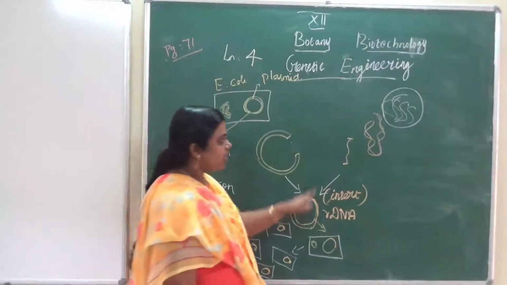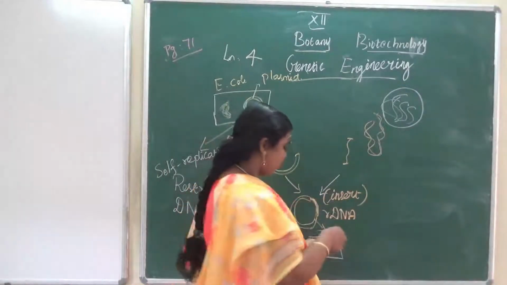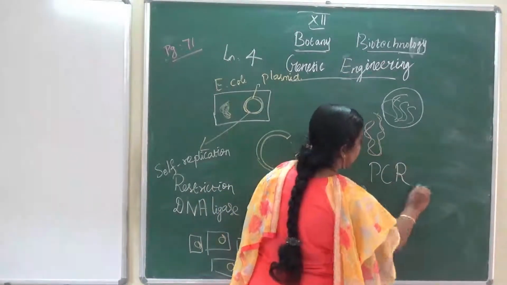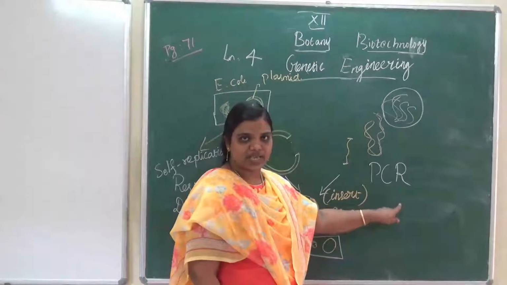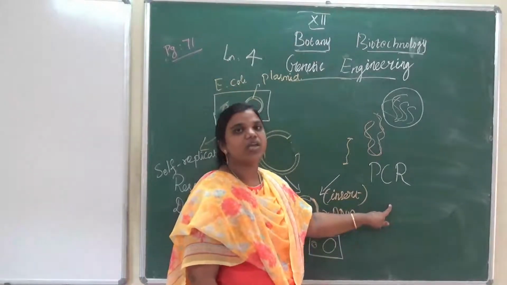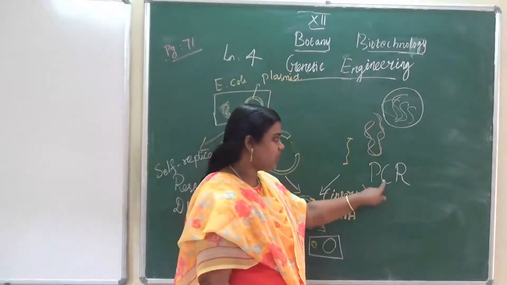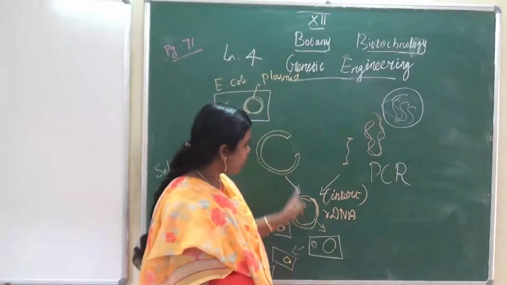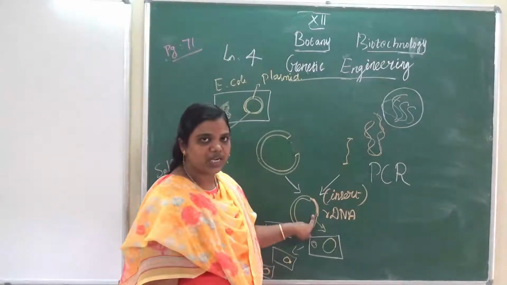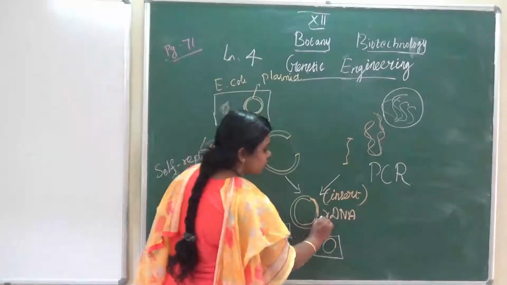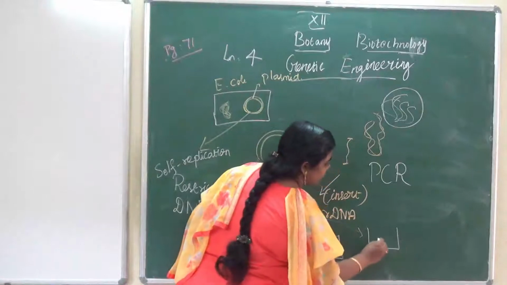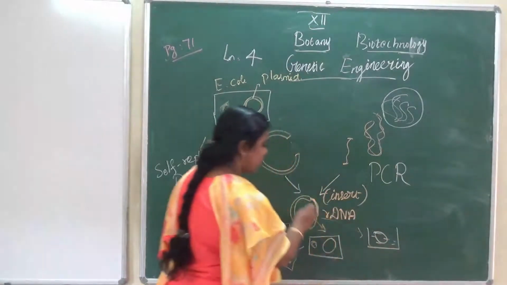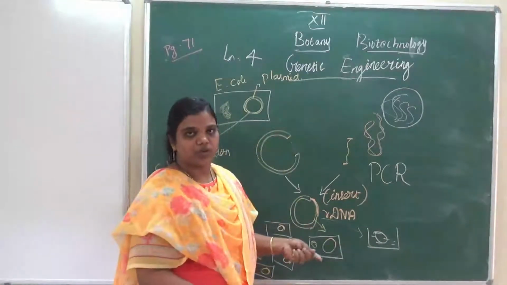Otherwise, another method for the DNA fragment is the PCR method, polymerase chain reaction. This is also a laboratory experiment. The DNA fragment or the plasmid, the recombinant DNA, is put in a petri dish for the polymerase chain reaction, and the vector also produces multiple copies.